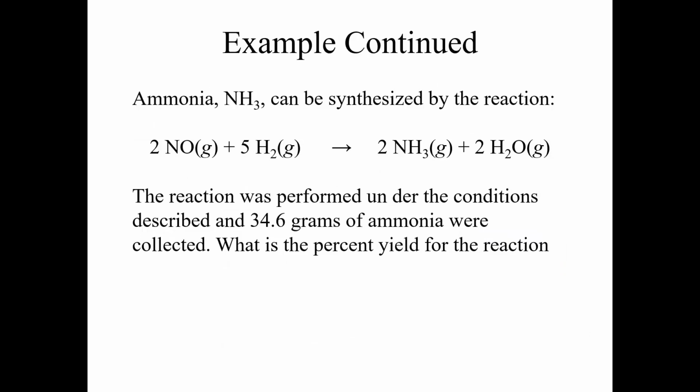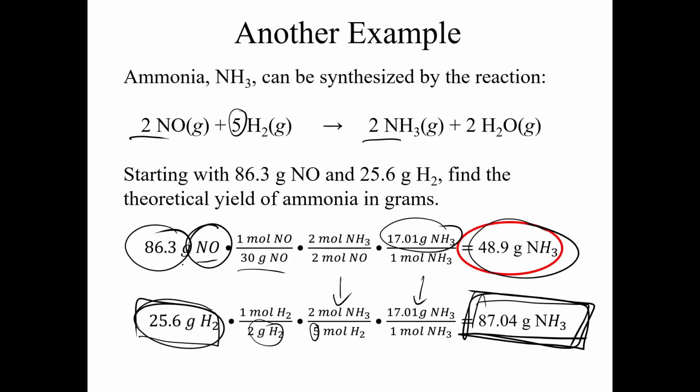If I take that one step further and ask you for a percent yield, the reaction was performed under the conditions described with 86.3 grams of NO and 25.6 grams of H2. So we use this theoretical yield here.